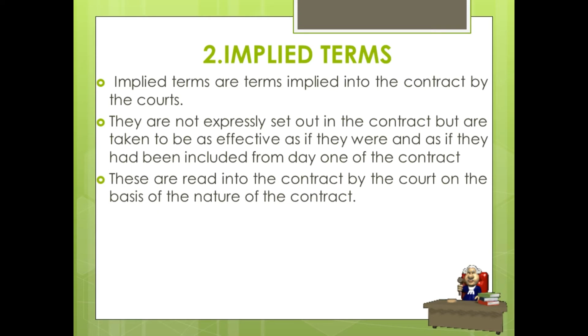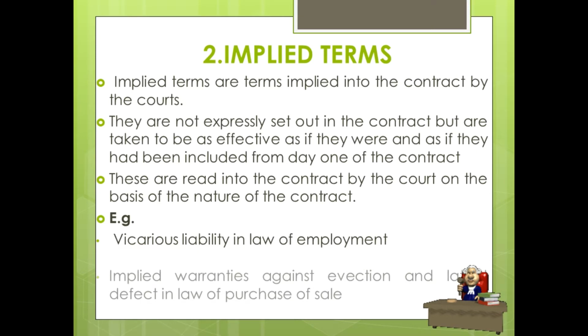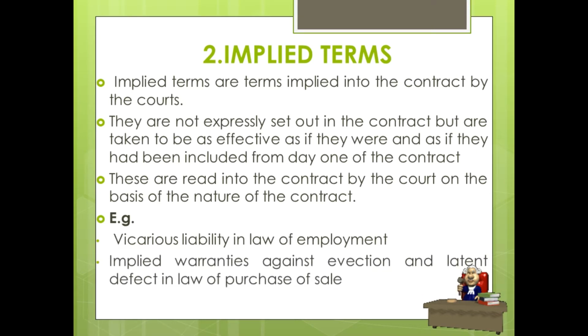These are read into the contract by the court on the basis of the nature of the contract. For example, vicarious liability in the law of employment. Then we also have implied warranties against eviction and latent defects in law of purchase and sale.